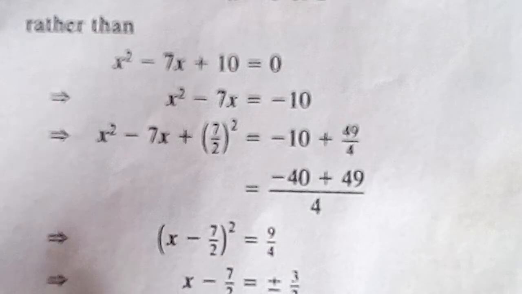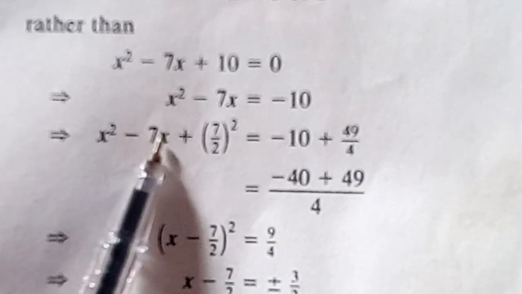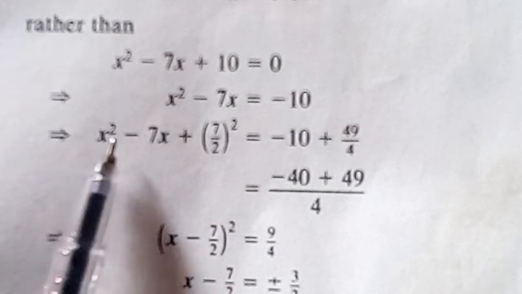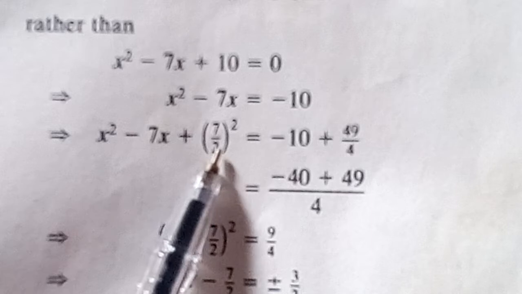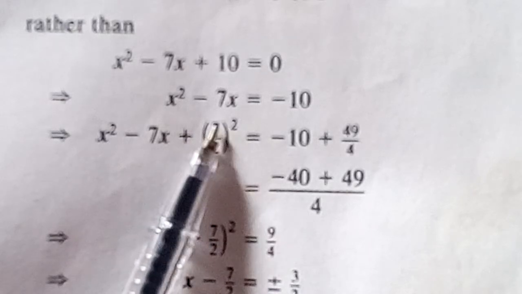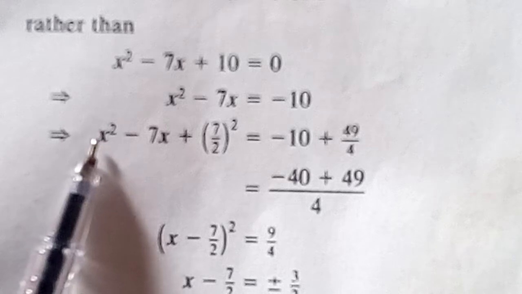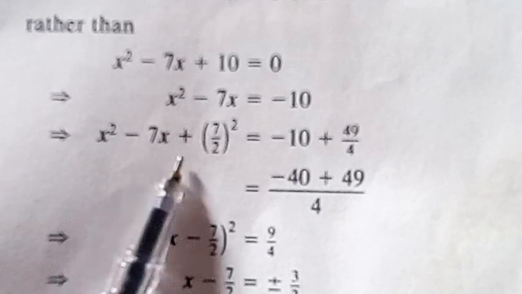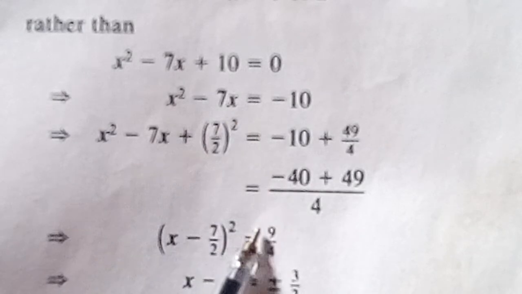Now, as I explained earlier, for better understanding, you just take off this minus 7x. So you will be left with x squared and the 7 over 2 all squared. Now, because of this minus here, you now have x minus 7 over 2 raised to power 2.